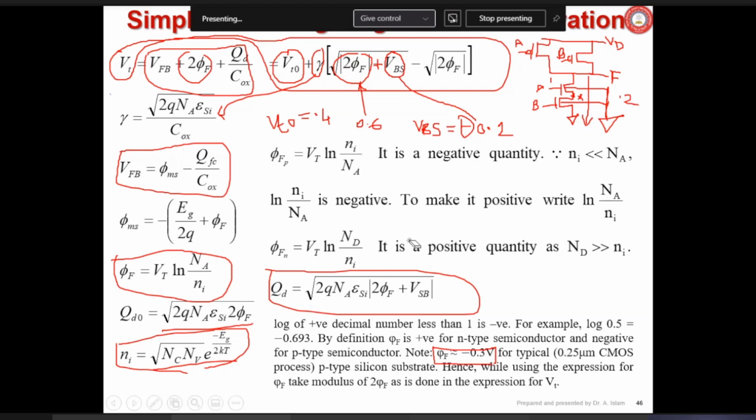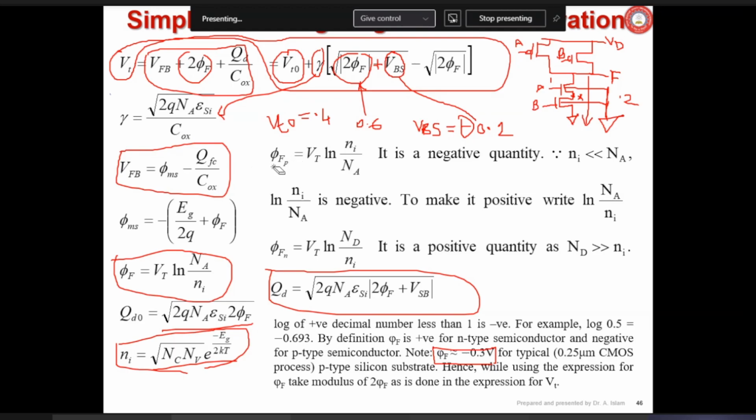Now various terms are discussed here. What is VFB? VFB, the flat band voltage, equals phi ms minus QFC by COX. You are aware of COX. So phi ms is minus within parentheses Eg by twice q plus phi, and phi equals Vt natural log of Na by Ni.